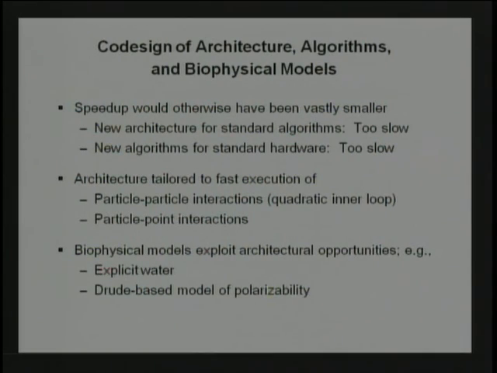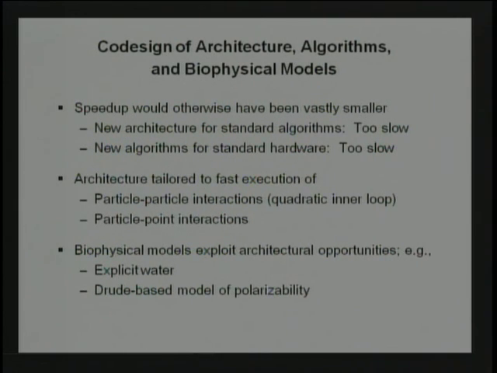If I'd been trying to design a new architecture to run standard algorithms that have been used on individual processors or standard commodity clusters, that wouldn't have gotten the speedup that we really wanted. And conversely, if we had just started with the assumption of standard hardware, I don't know if I said this backwards. Yes, I think I did.